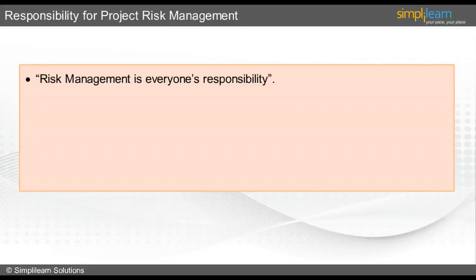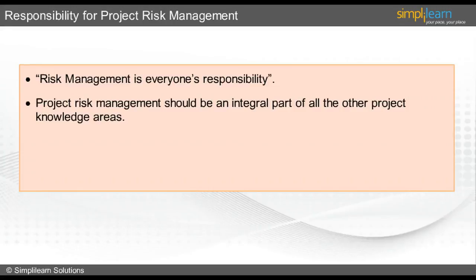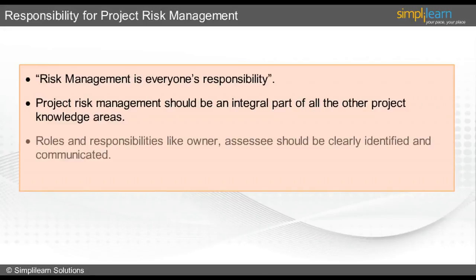Project risk management should be an integral part of all the other project knowledge areas, like time, cost, quality, scope, etc. Roles and responsibilities, like owners and assessees, should be clearly identified and communicated. Finally, one can use the RACI model to define the roles and responsibilities.